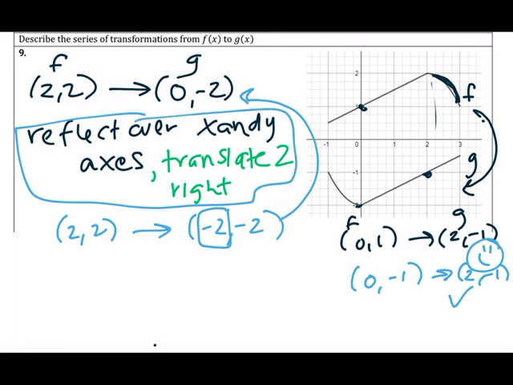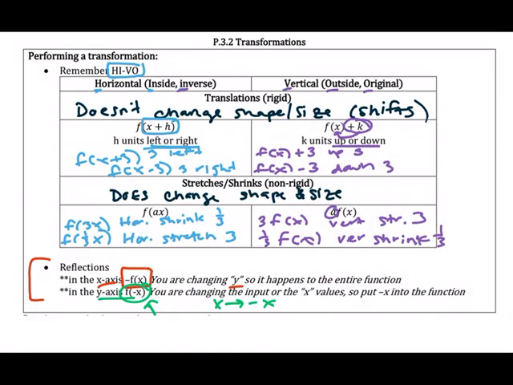So the key ideas in this video. We recapped the types of transformations, both rigid and not rigid. So we talked about translations, stretches, shrinks, and reflections. We talked about HI-VO to help us remember that horizontal transformations happen inside the function and are the inverse of what you think it should be, and vertical transformations happen on the outside and are the original, what you think it should be.